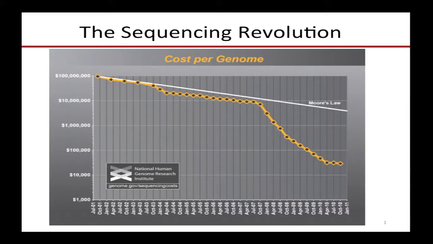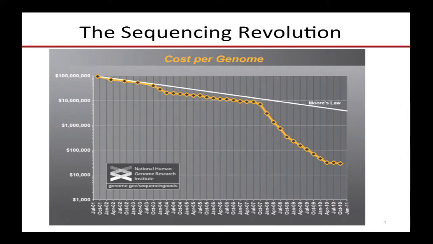There has been a similar but even more profound revolution in computational biology, driven by the reduction in sequencing costs. Here you see that the cost of sequencing a genome has dropped even more dramatically than Moore's law, more than exponential drop. Currently, the cost of sequencing a single genome has fallen to $1,000.